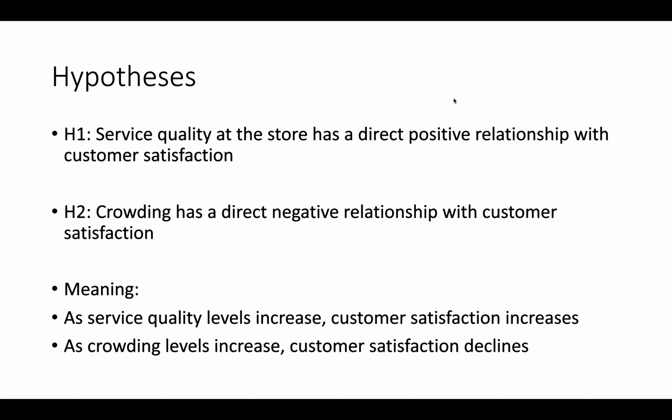So the meaning of these two hypotheses is that as service quality levels increase, customer satisfaction level increases. And as crowding levels increase, customer satisfaction declines. So that is what we mean by having a direct positive relationship and a direct negative relationship.